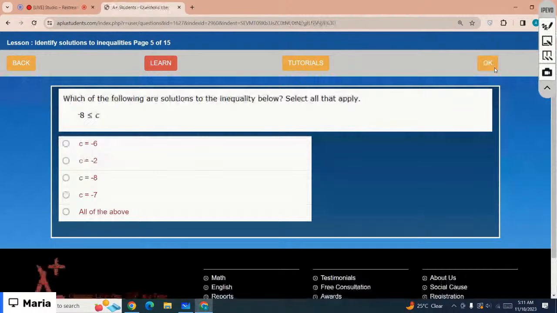Which of the following are the solutions to the inequality below? Negative 8 is less than or equal to c. Which is the correct option?